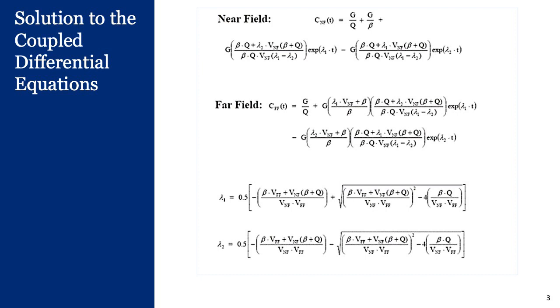And so in the steady state, the C far field will reach an asymptotic value of G over Q. It is important to note at this point that in the steady state, the far field concentration, which is G over Q, is exactly the same as the well-mixed room steady state prediction, which is also G over Q. So what this means is, in the steady state, both the far field and the well-mixed room give you the same result, but the near field gives you a concentration that is greater than just G over Q by an additional amount, G over beta.